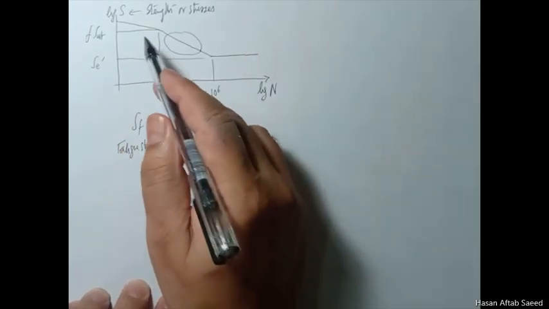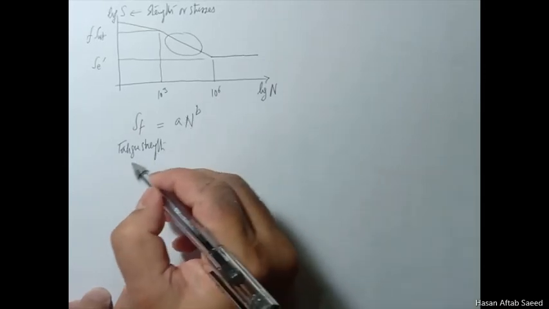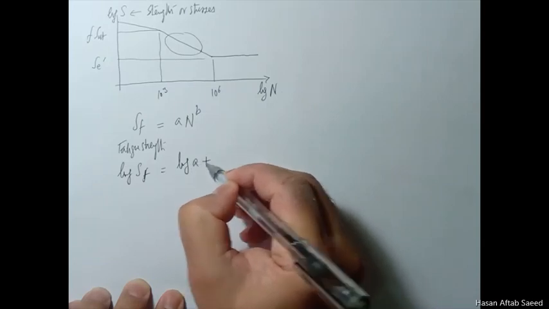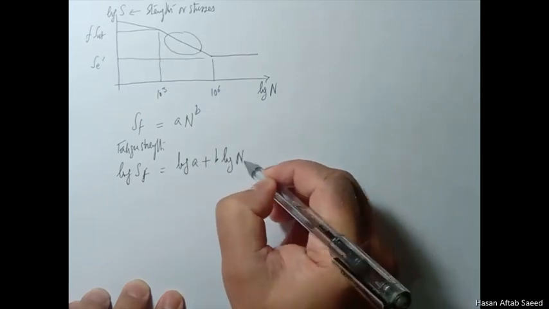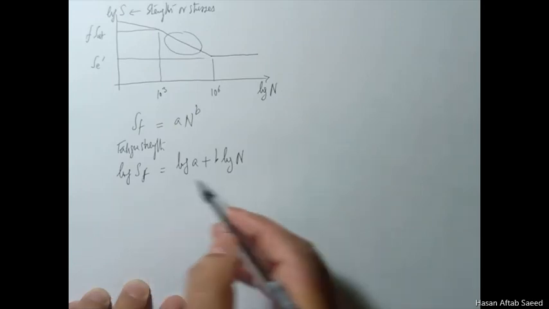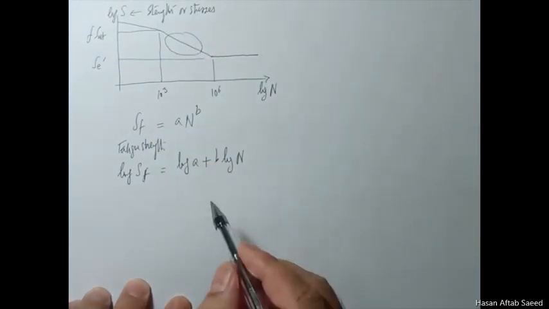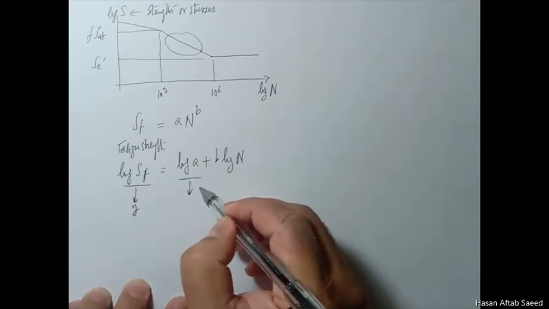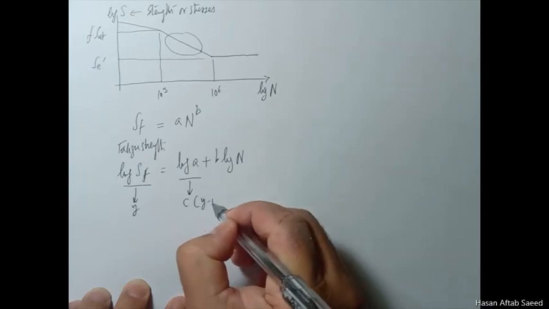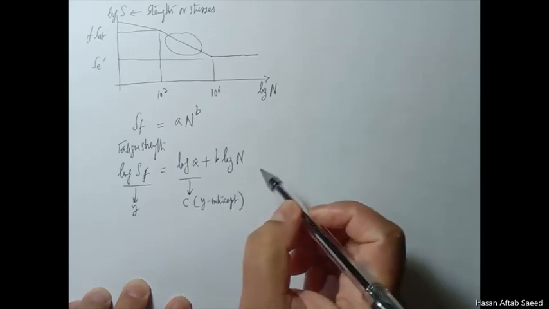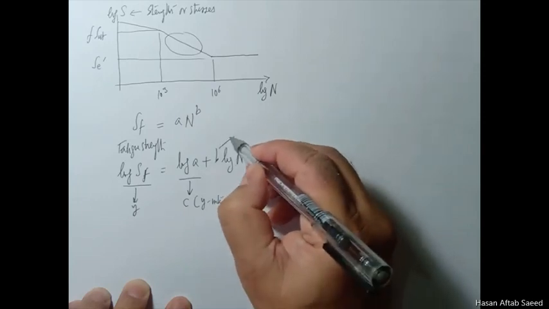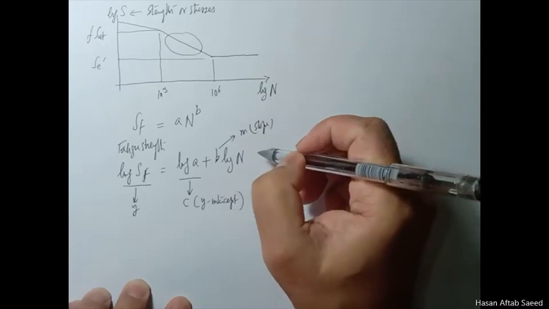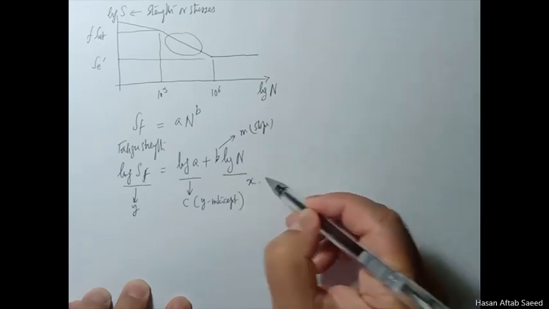Now when we linearize it by using log, obviously we can write it as this. Here this is an equation of a line, and this is y, this is c, the y-intercept, and this b is m, the slope, and this is our x.